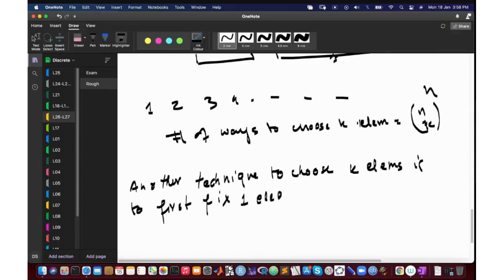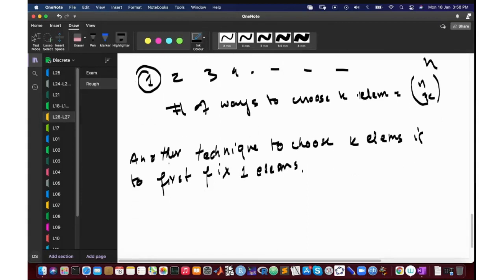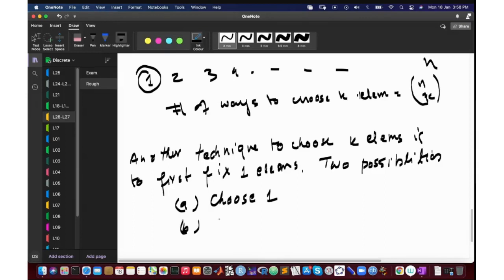Okay, मैं एक element fix कर लेता हूँ, let's call it 1. Okay, now there are two possibilities regarding 1. Okay, एक possibility ये है कि you choose 1. Second possibility is not choose 1 whenever you are choosing k elements.